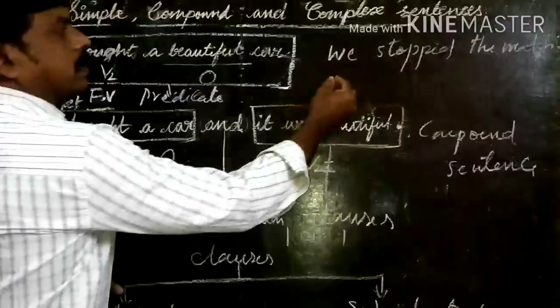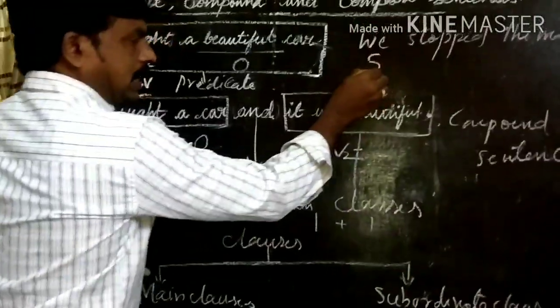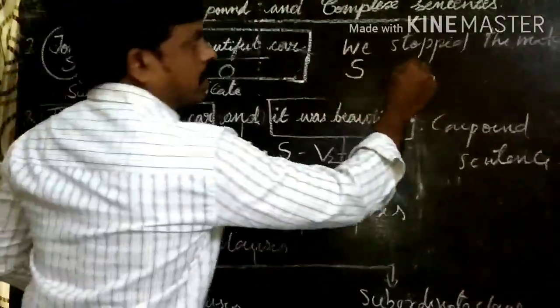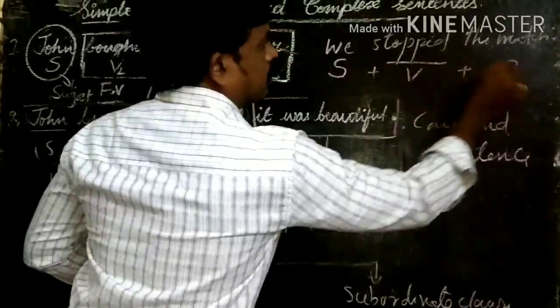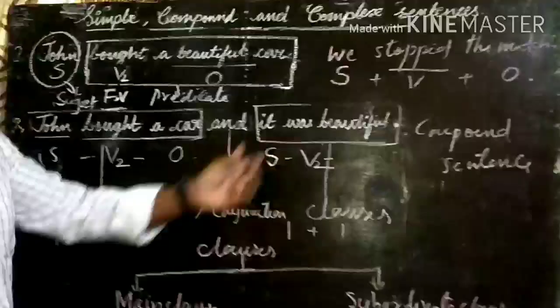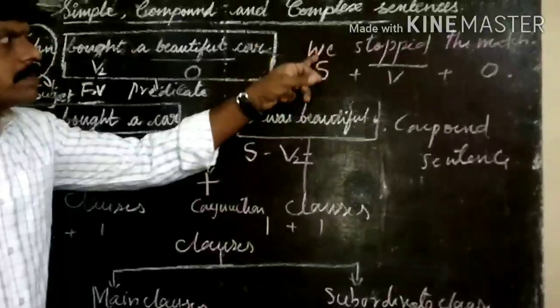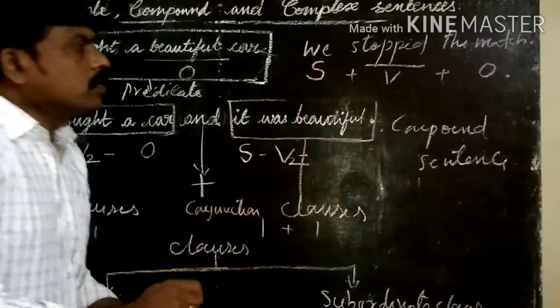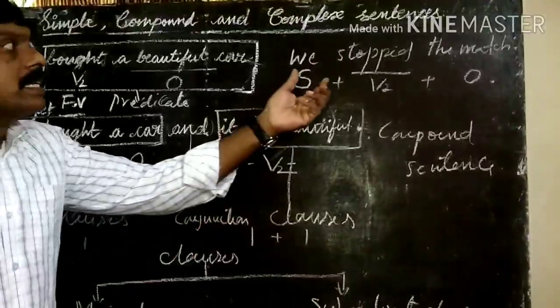Here, the sentence or clause consists of a subject and a verb and an object. See, this sentence or clause having subject and predicate or verb, otherwise called finite verb, makes a complete sense.